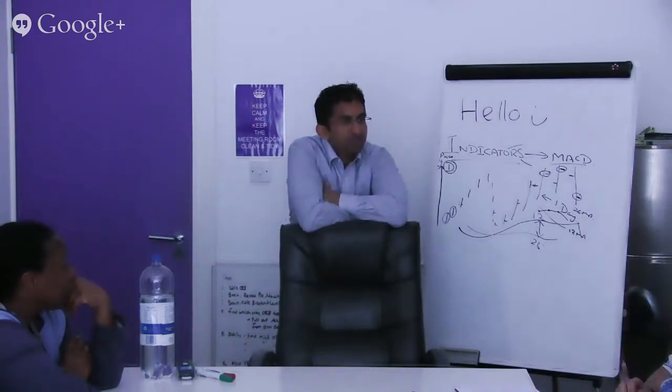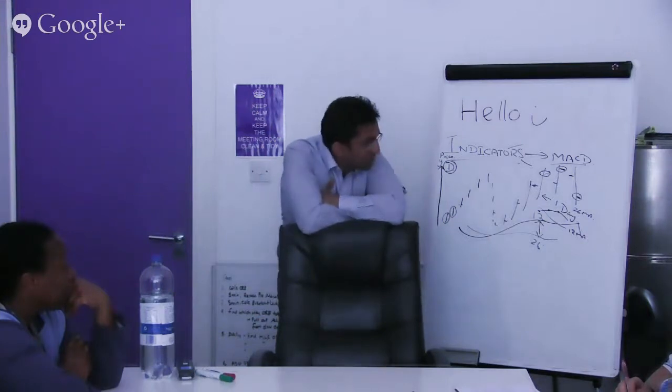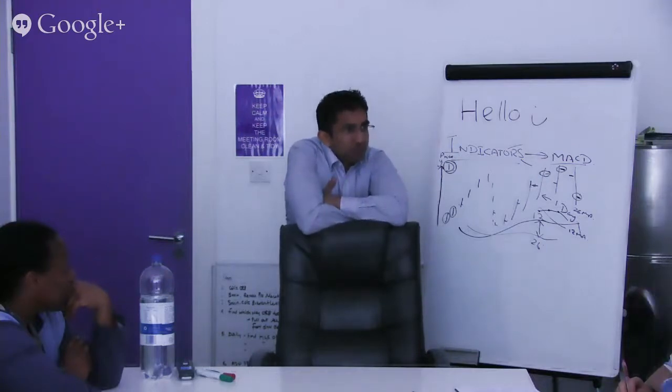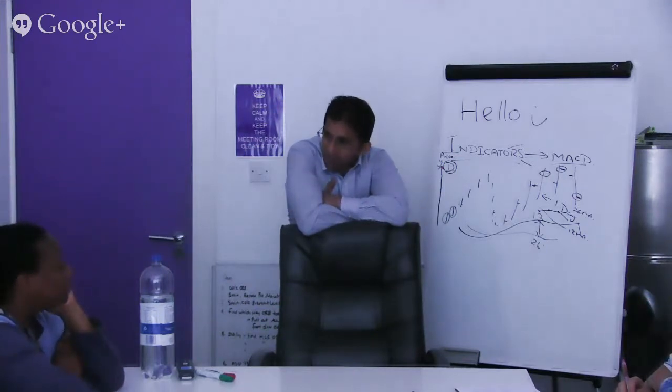In terms of your decision, as to whether you can... No, forget about decision for the moment. Let's find out what it is telling me. What do you all know so far? You all know that the 12 moving average calculates the average of the last 12 days, and the 26 moving average calculates the average of the last 26 days.